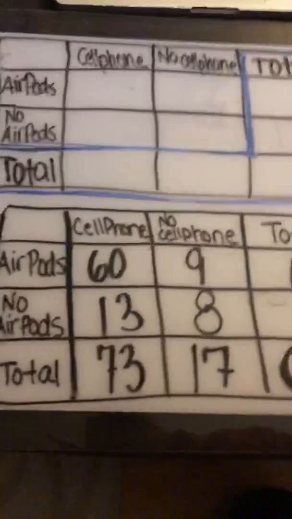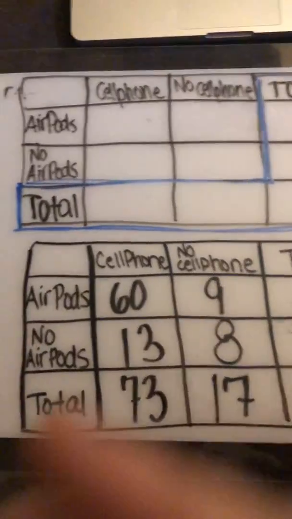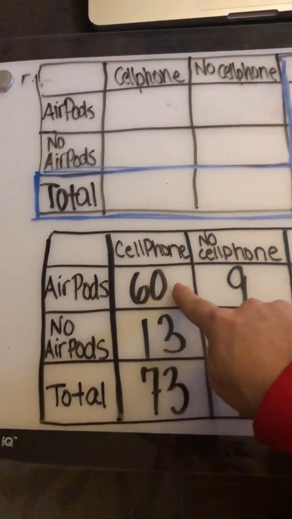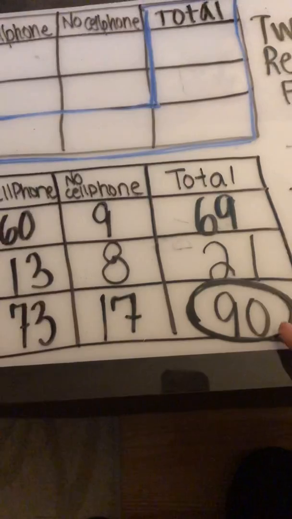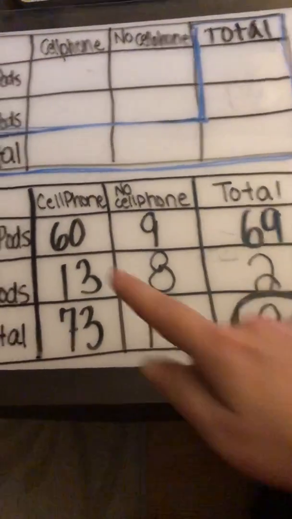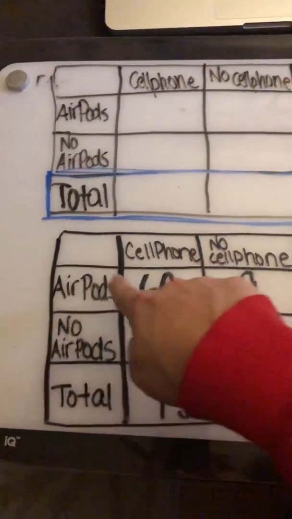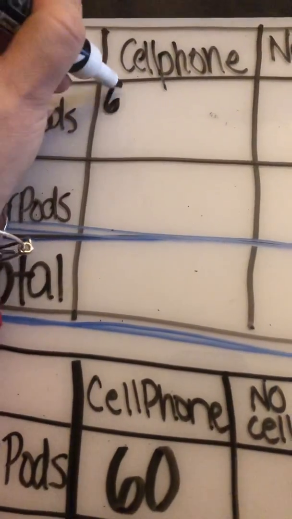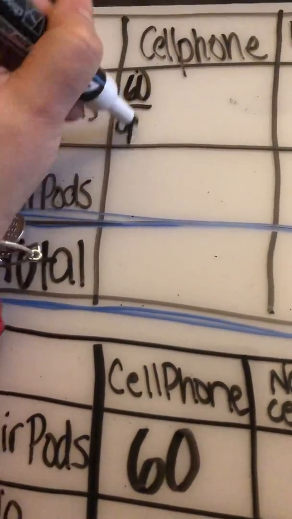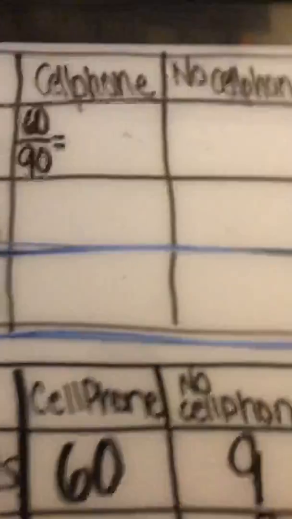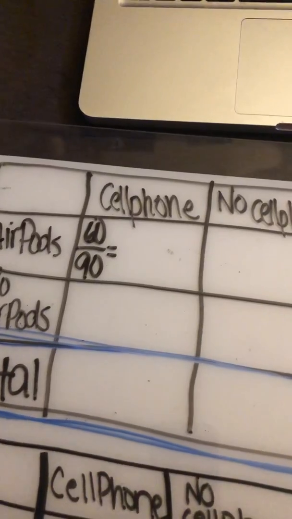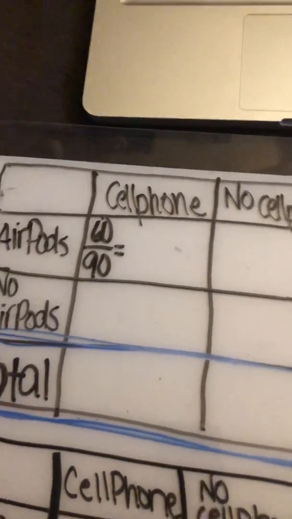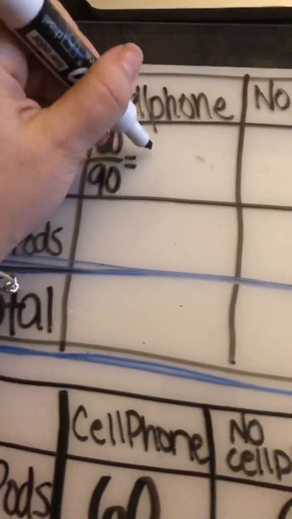To figure out the percent, what you want to do is take the number in each of the boxes and divide it by the total amount that was surveyed. So for owning a cell phone and also owning AirPods, we're going to do 60 divided by 90. I'm going to do it in my calculator. 60 divided by 90, we're going to get 0.6 repeating.